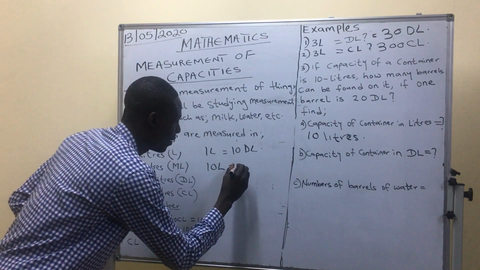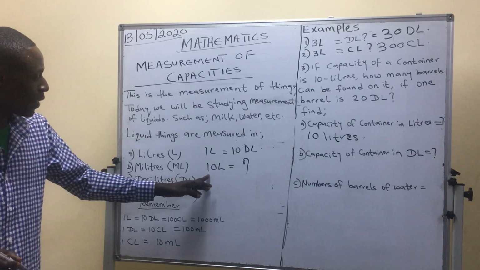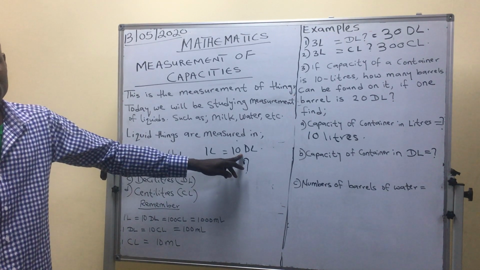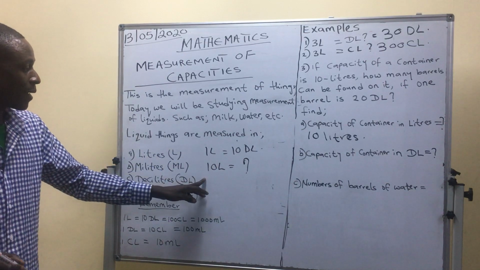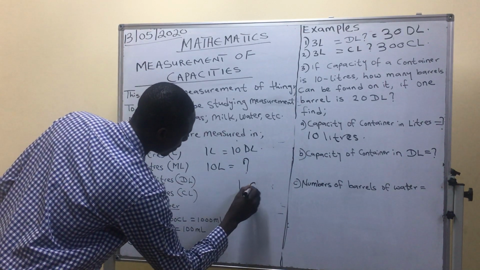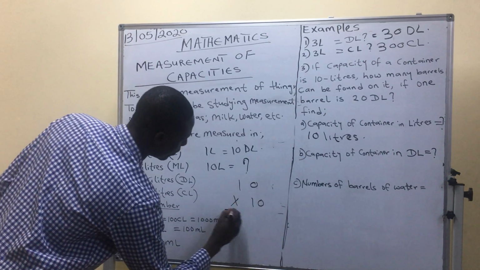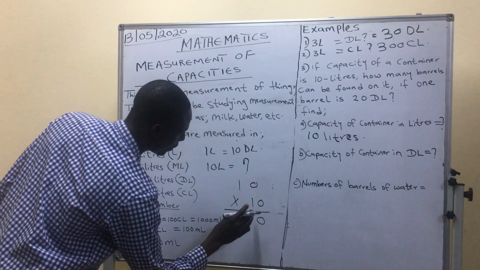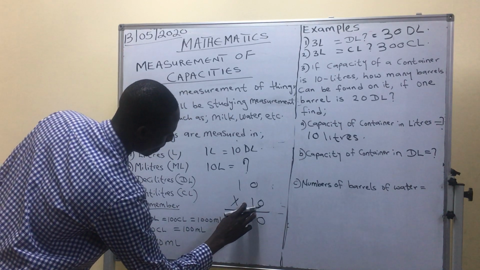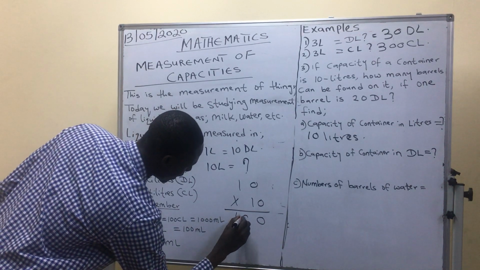Now, this is not given to you. You have to multiply 10 by 10. You say 10 times 10. 10 times 0 is 0. 10 times 1 is 10.